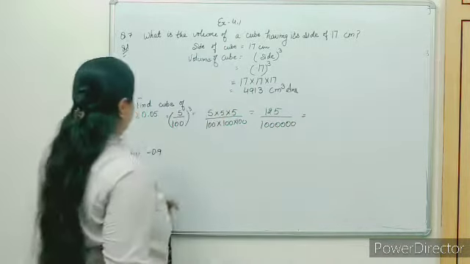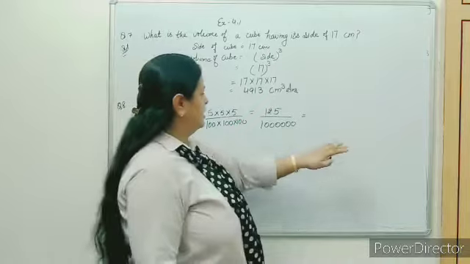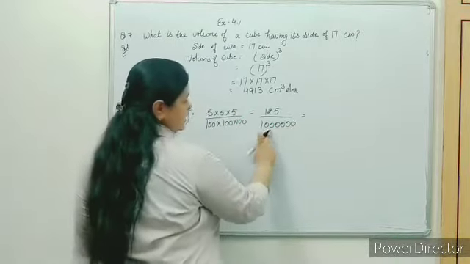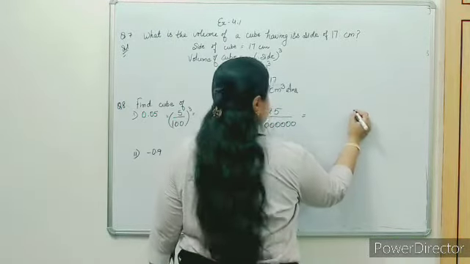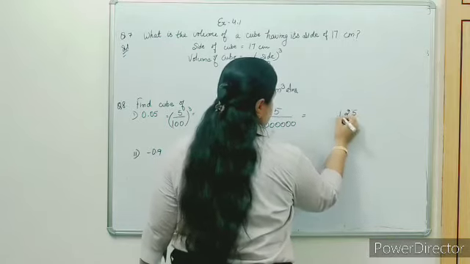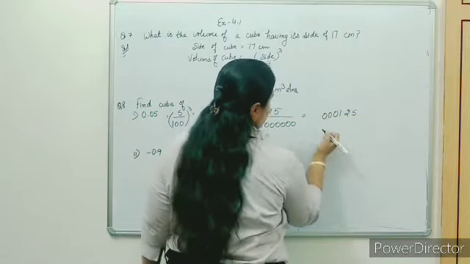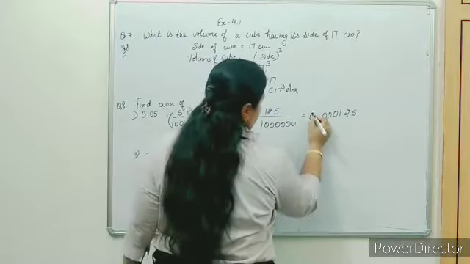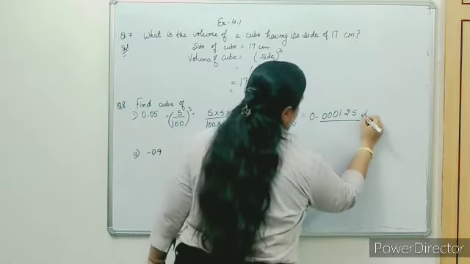Now the question was in decimal. The answer also should be in decimal. So we have 6 zeros. Leave 6 digits from the right hand side. You already know how to convert fraction into decimal. So here is your answer.